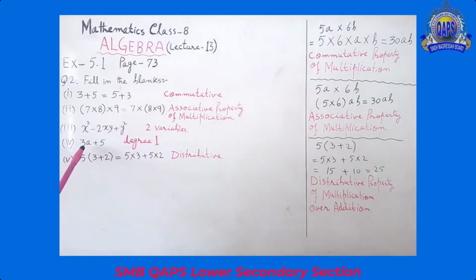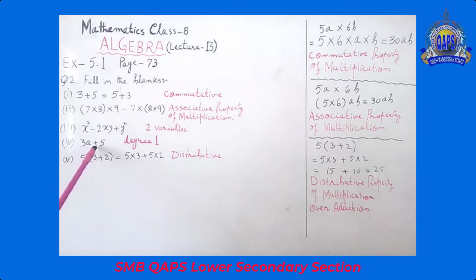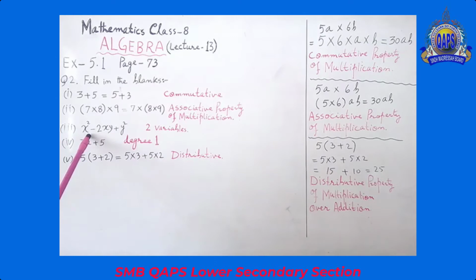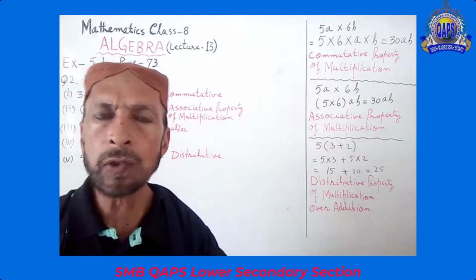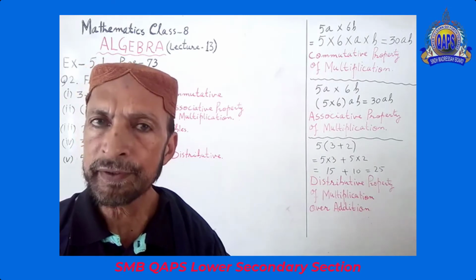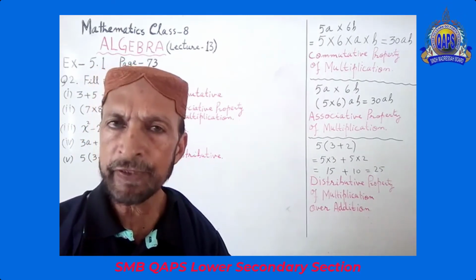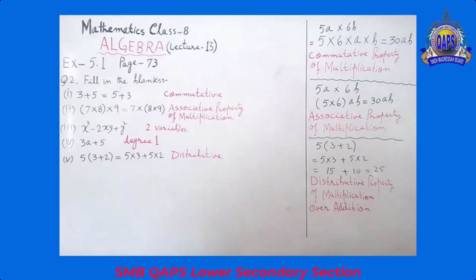Number 4, 3a plus 5, degree. Check the power. a power 1. We do not write power. It is understood that power is 1.